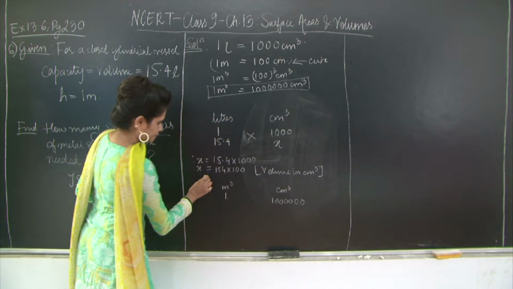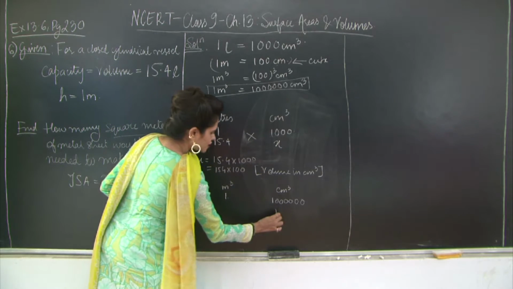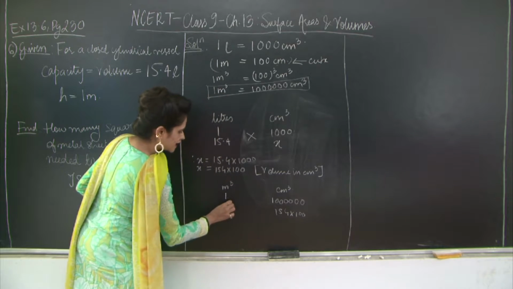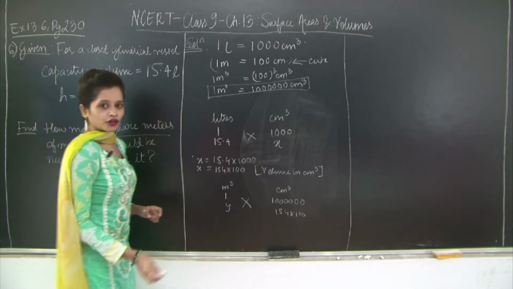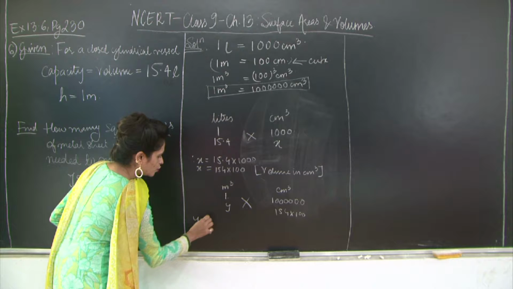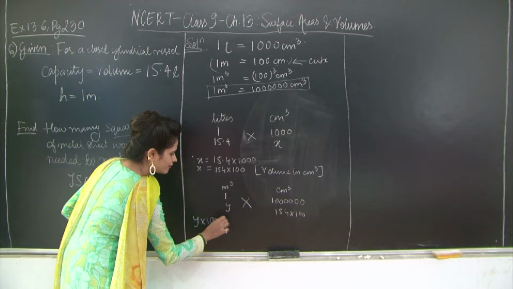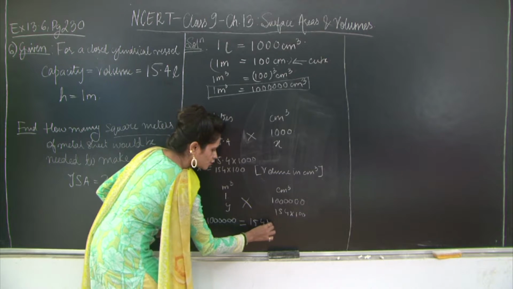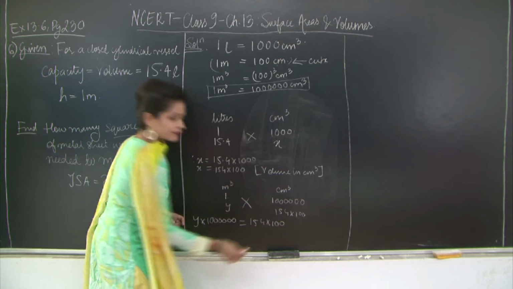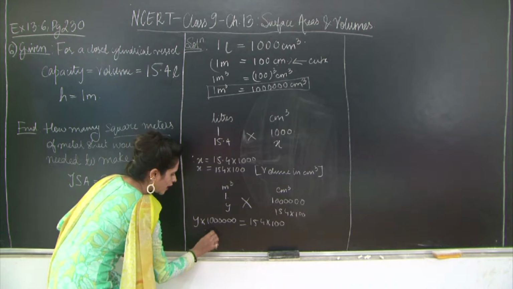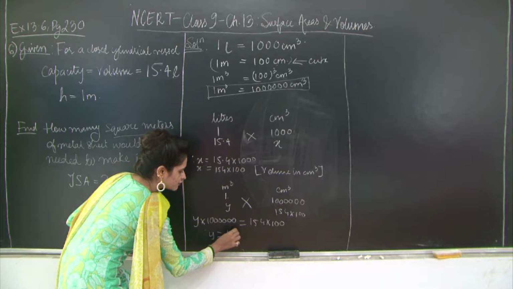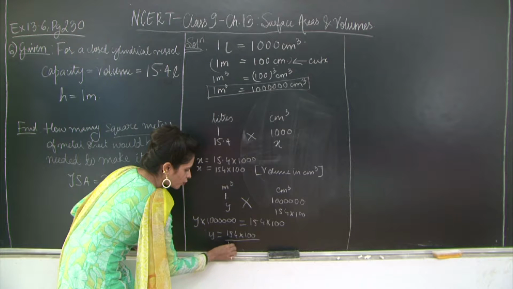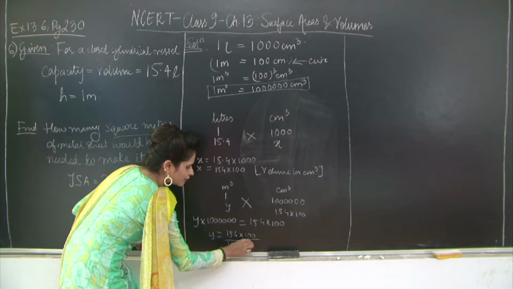Therefore 154 into 100 centimeter cubes is, let's say, y meter cubes. So y into 1,000,000 is equal to 154 into 100. Therefore y is going to be equal to 154 into 100 upon 1,000,000.